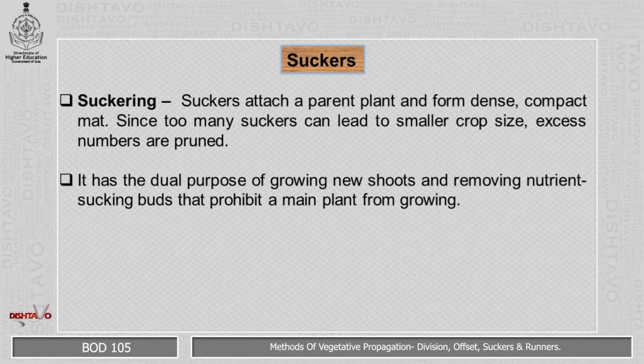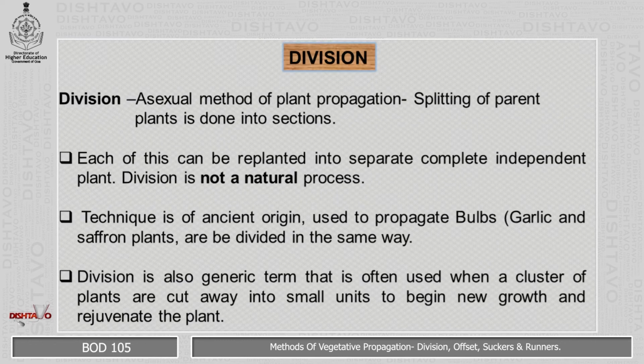To allow better growth of the main plant, these suckers are removed so that the main plant will give the best yield. So the purpose of suckering is to grow new shoots and remove the nutrient-sucking buds that inhibit the main plant from growing.